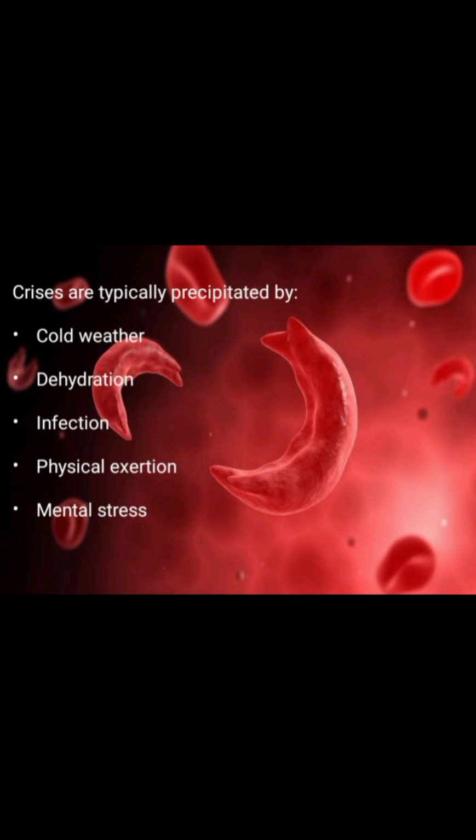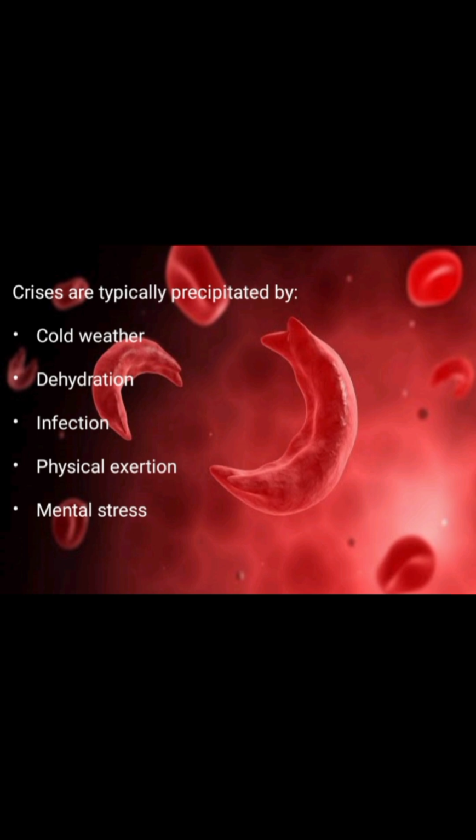You get it? Now we have dehydration. Once there is dehydration, it will cause a reduction in the blood volume, thereby causing an increase in the viscosity of the blood as well. Then we have infections.